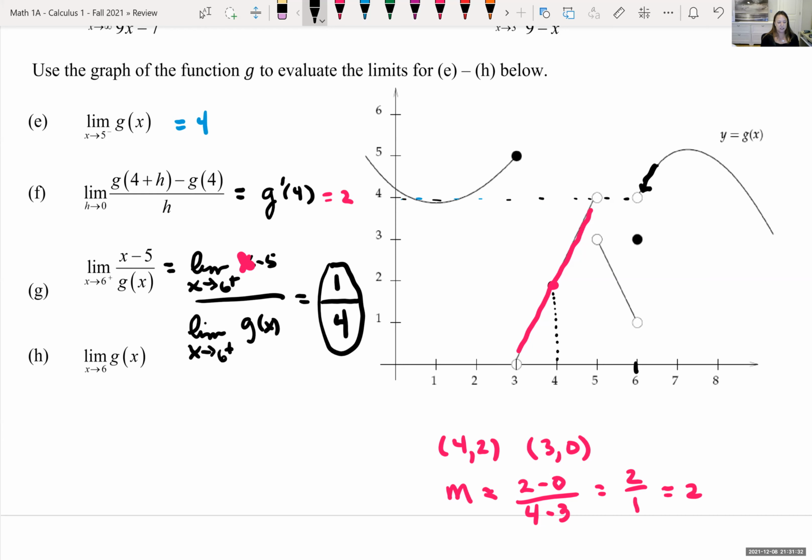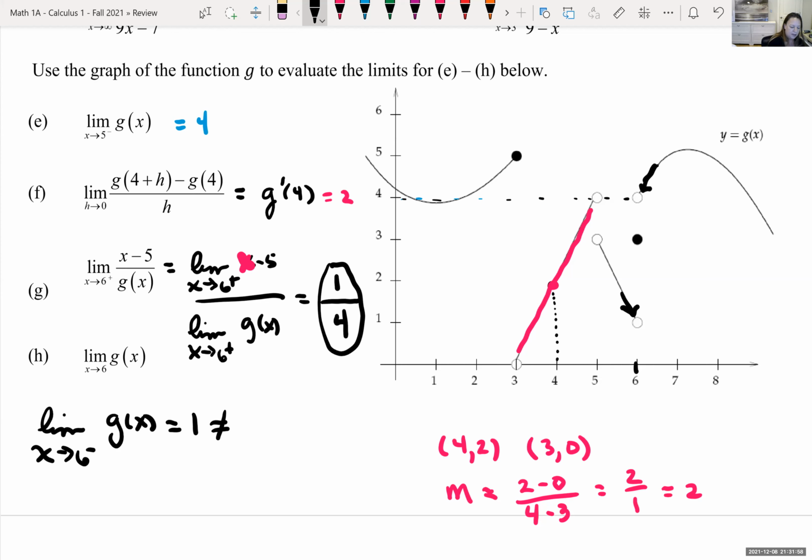And then h, the limit as x approaches 6 of g of x. This one does not exist. And to show that it doesn't exist, if I look at 6 coming in on the left of g of x, I'm sorry, left of 6 for g of x, that's giving us a value of 1.